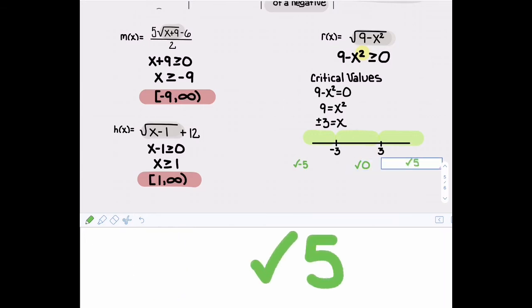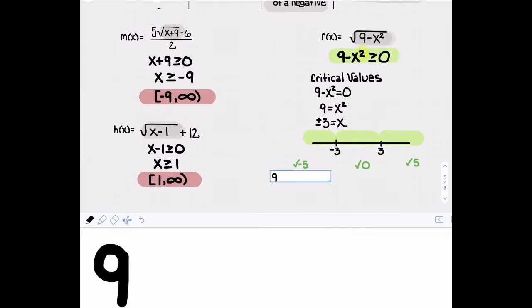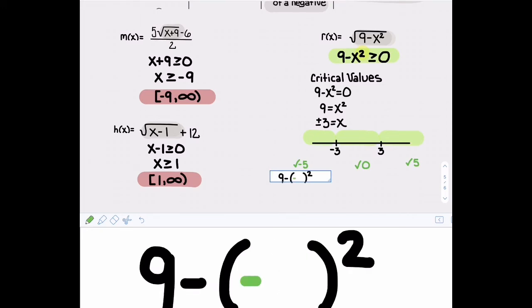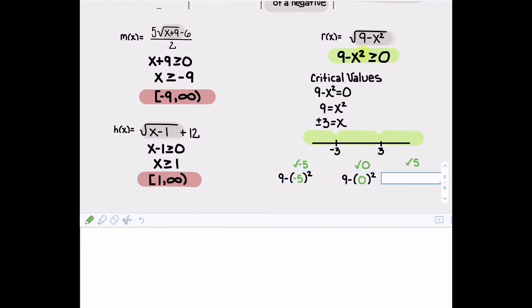To test these numbers, you're substituting them back into that 9 minus x squared. So here I go, substituting in negative 5. And then I'm going to substitute in 0 and substitute in 5.